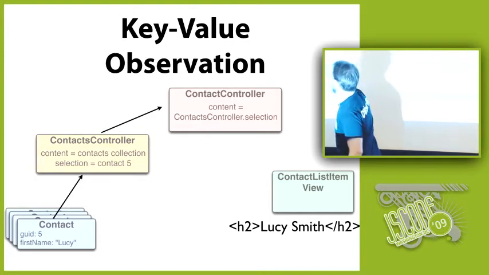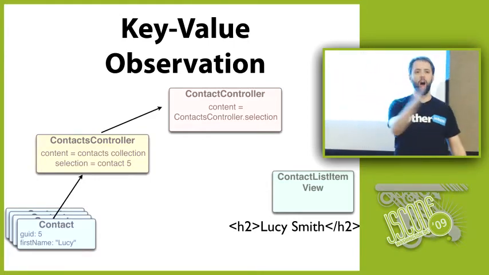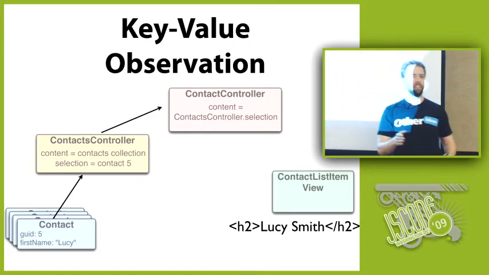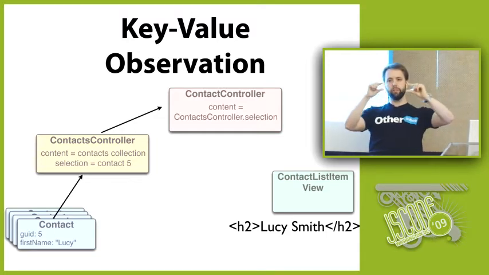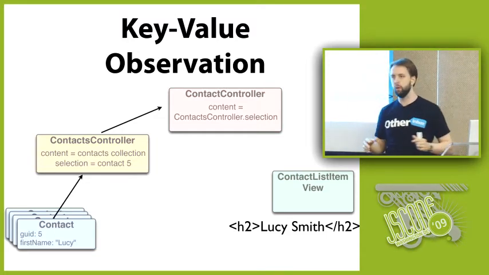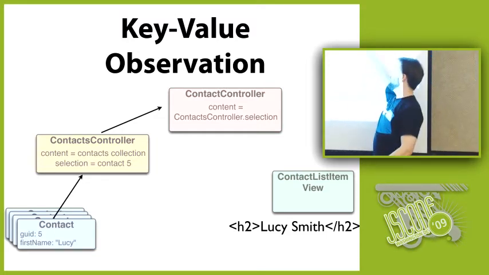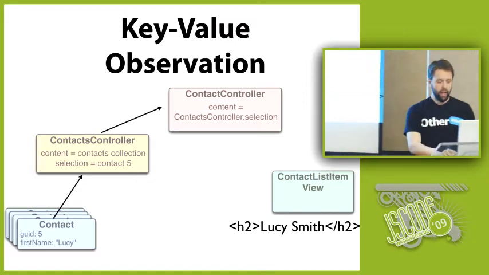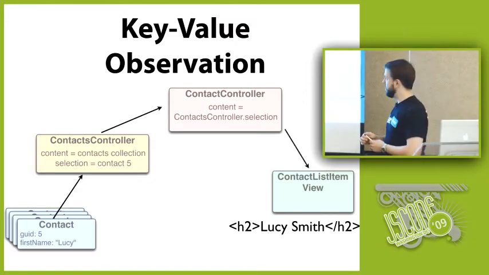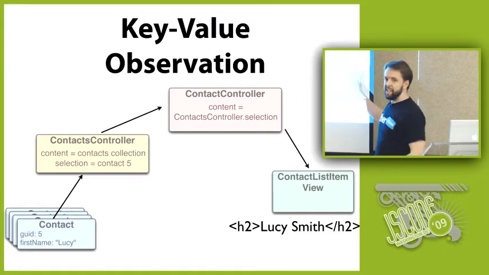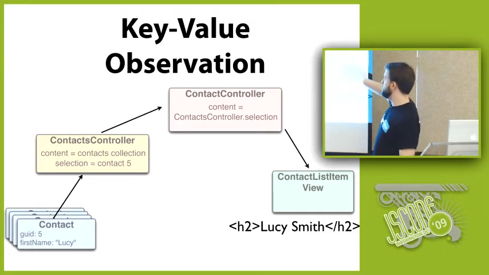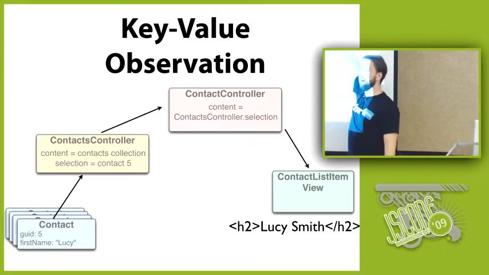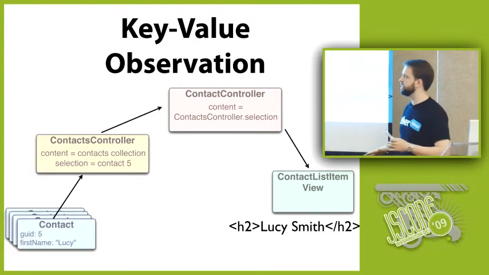We'll pass on. A contacts controller has a selection of all the things I know about which one is selected. Where should it be highlighted so the user can tell what they've selected. That gets used as a value for the contact controller, and this list item view, the only way it knows what it should display is it's bound to the content property of the contact controller. And I'll talk about properties in a second.